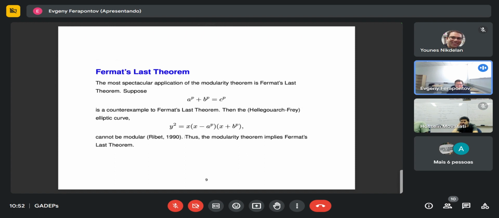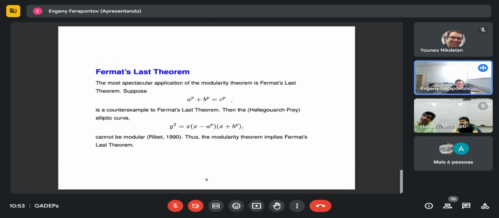It was proved in 1990 by Ribet that this particular curve cannot possess modular parameterization. It's not modular. And then once we prove that all elliptic curves with rational coefficients are modular, we get Fermat's last theorem. Right? So this means there can't be A, B, C such that this holds.